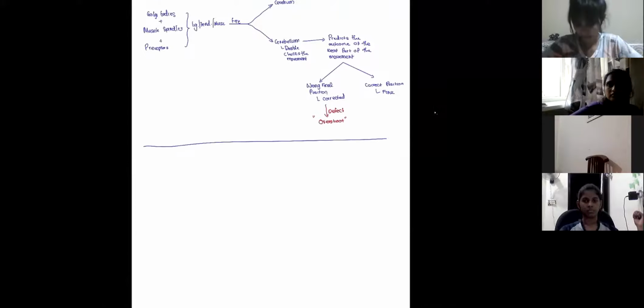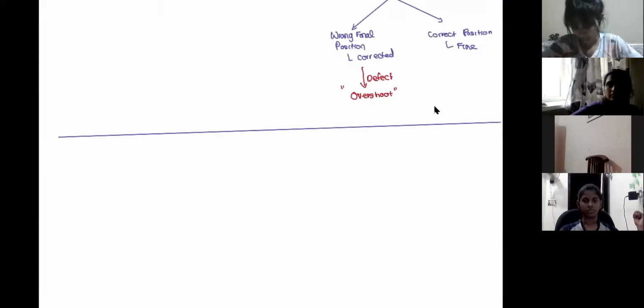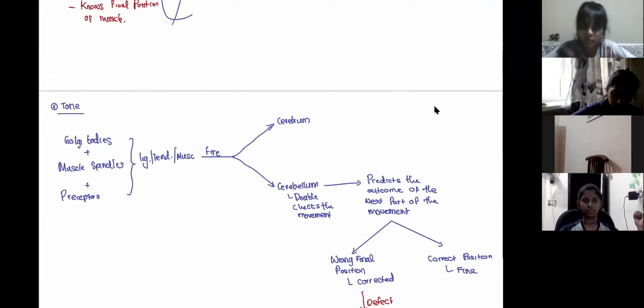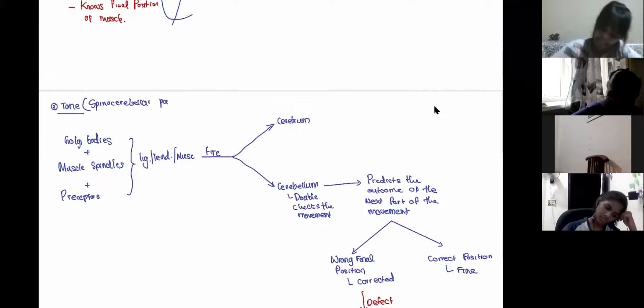Overshoot, I will come back to that in the next section. The third function is the tone. What controls this? The spinal cord. Okay. Next, I'm going to talk about the vestibular cerebellar pathways.